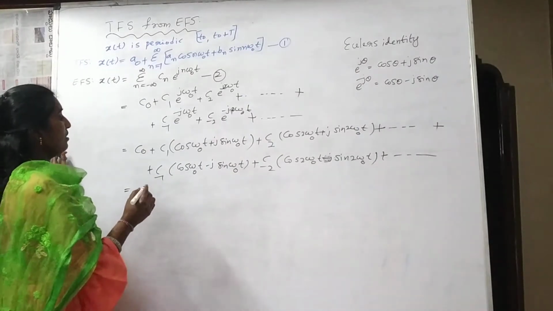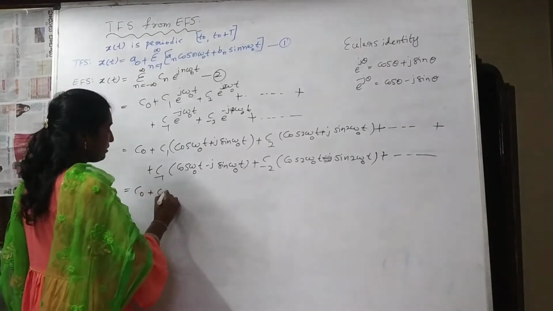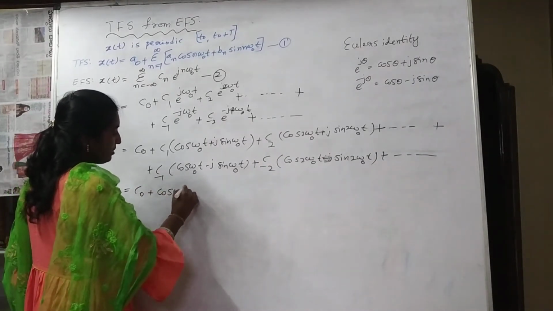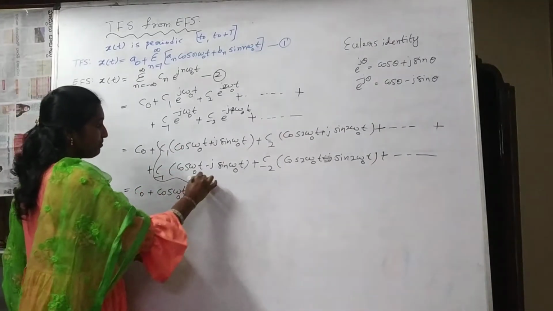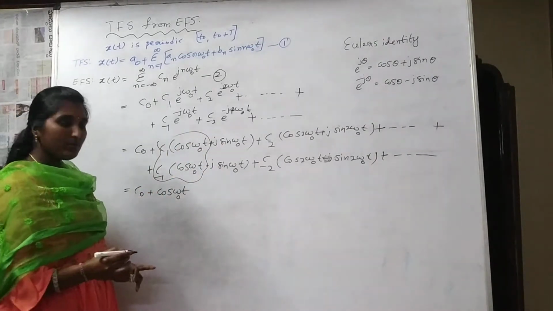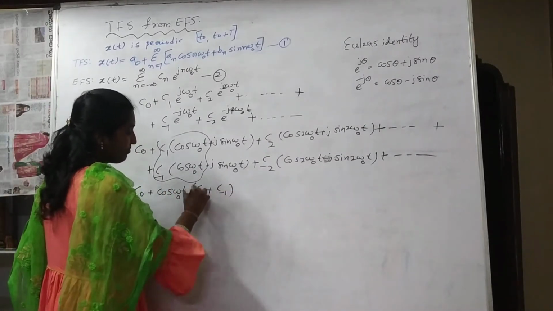Now, after C0, take cos omega naught t common from the entire expression. Cos omega naught t is common, and then what will be there? C1 plus C minus 1.